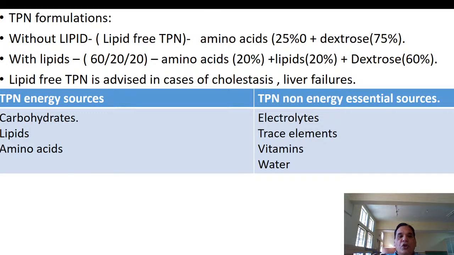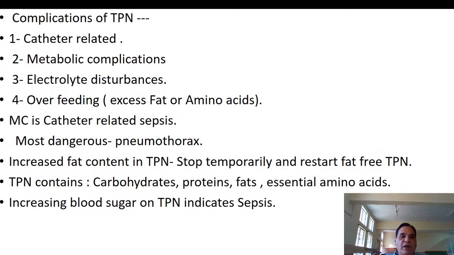That is why there are 2, non-lipid and with lipid. Only remember this much. This is more than enough. Where do you get energy from? Mainly carbohydrate, lipid and amino acids. You are getting actual energy, that means you are getting calories. Non-energy components: electrolytes, trace elements, vitamins and water. Everything you are getting through the 3-in-1 formula.